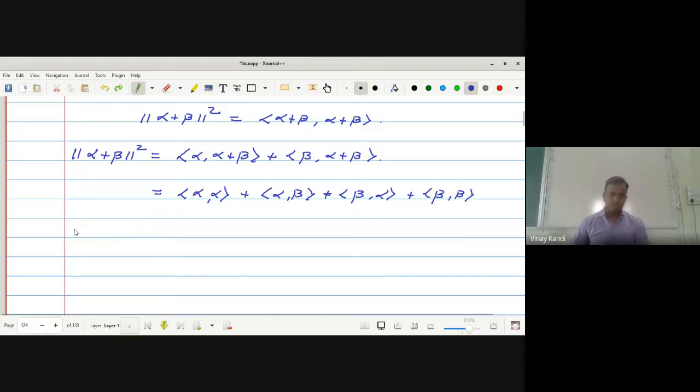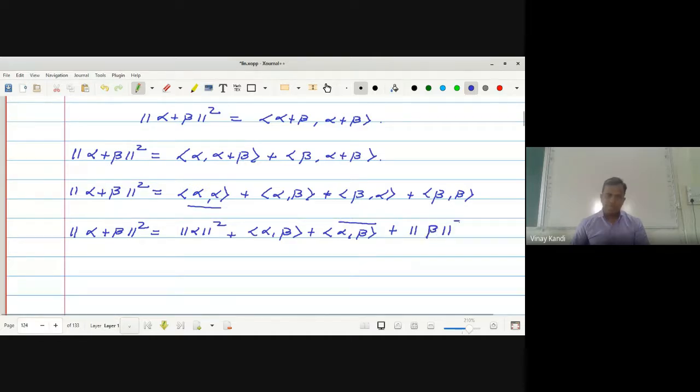So norm square of alpha plus beta is equal to norm of alpha square, plus inner product of alpha beta plus inner product of alpha beta bar, plus norm of beta square.